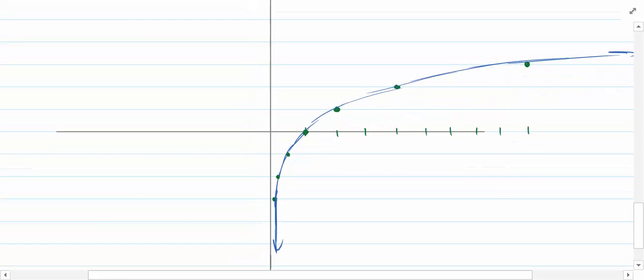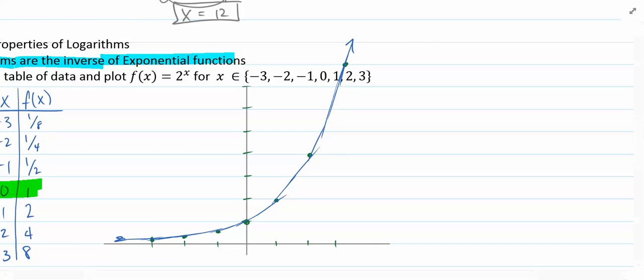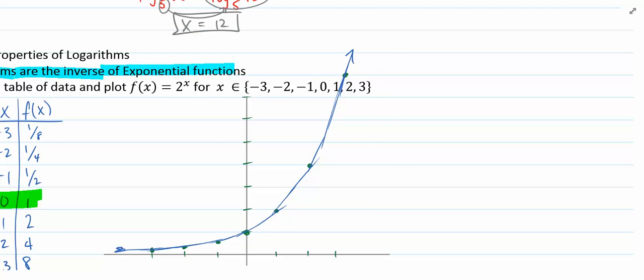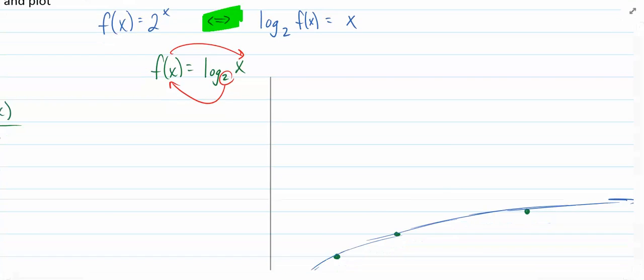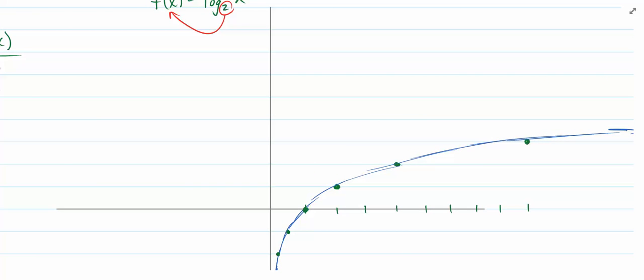How does the shape of this logarithmic graph compare to the shape of this exponential graph? They are inverses. So again, they're inverses based on our calculations, and now we see that they are inverses based on our drawings, based on our graphic representations.